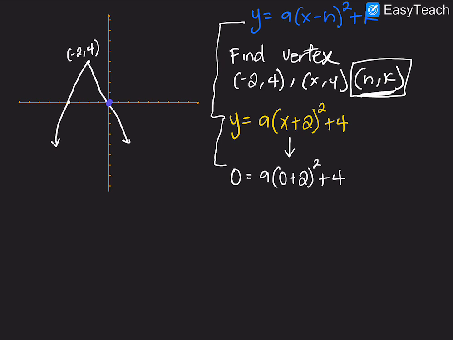So solving for a, we have 0 equals a times 4 plus 4. We take away 4 from both sides. We have -4 equals a times 4. This is multiplying, so we divide by 4 on both sides. And our final answer is -1 equals a. So our a is equal to -1.